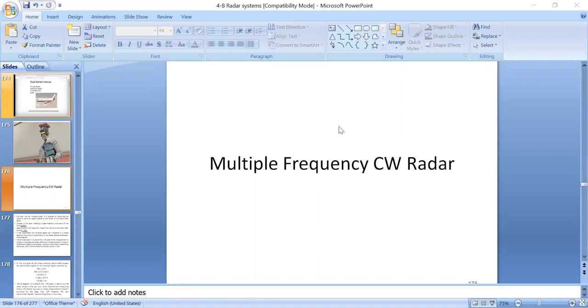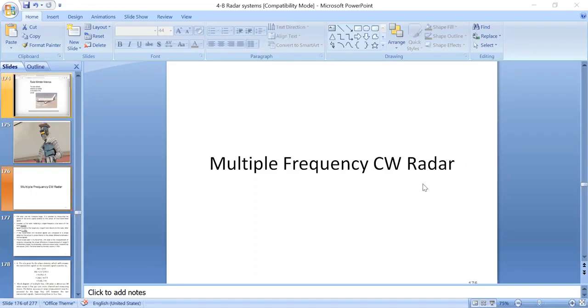I just now explained what is the drawback of basic continuous wave Doppler radar. The main drawback is that it is not able to calculate the range, which is calculated by a frequency modulated continuous wave radar. The basic continuous wave Doppler radar only detects the target, right?